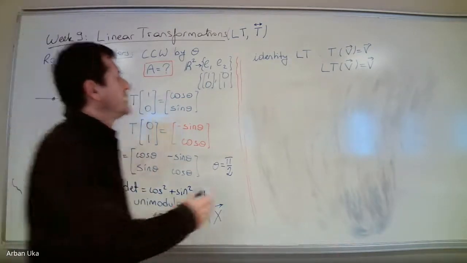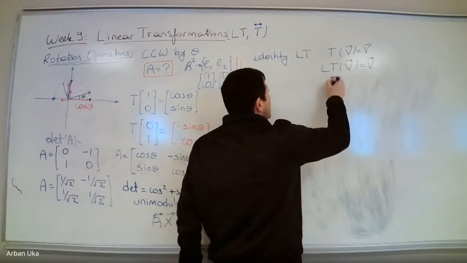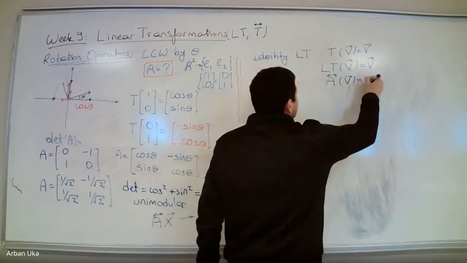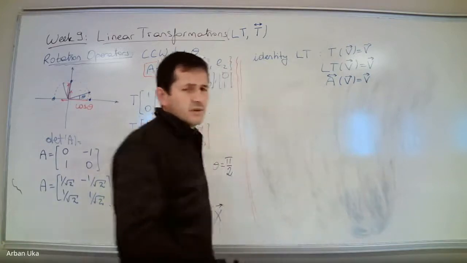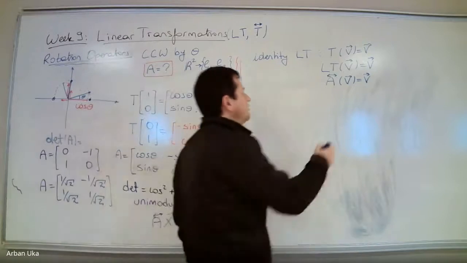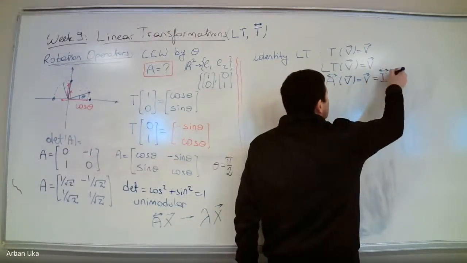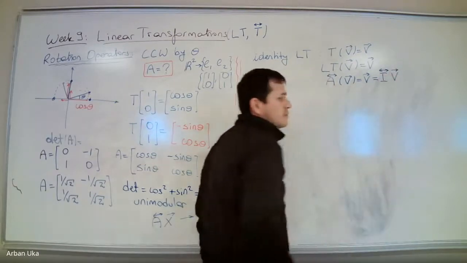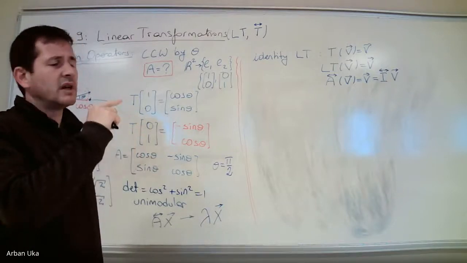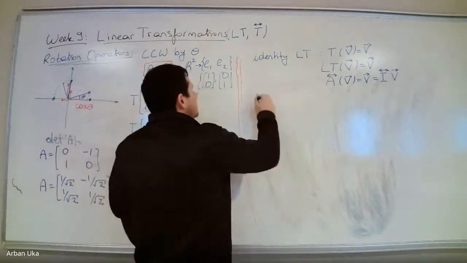The matrix which is going to represent this linear transformation, you can write like this: A times V equals V. And by now, you know that this matrix, which has no change on the vector V, most of the time, or let's say all of the time, is going to be the identity matrix. The identity matrix is zero for every element, with the exception of the diagonal terms, which are going to be 1.